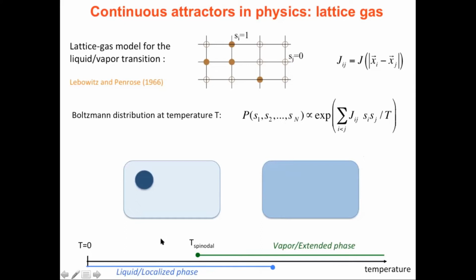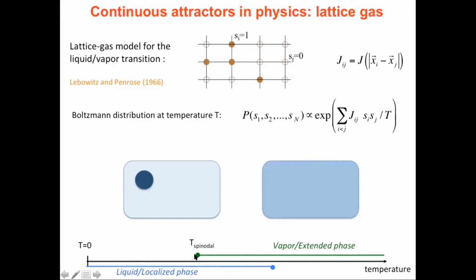But at low temperature, below some critical temperature, you get a phase separation between two different phases. One is the liquid phase with very high density of liquid, which corresponds to this dark region here, a droplet of liquid which is surrounded by a very low density phase, which is just a vapor. Okay, so you get a coexistence between these two phases, which is separated by a first order phase transition.